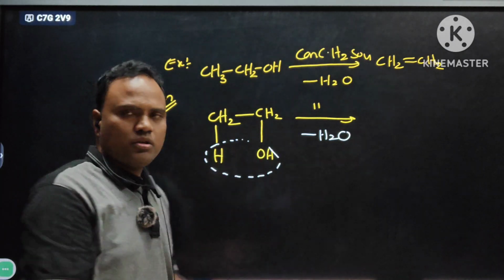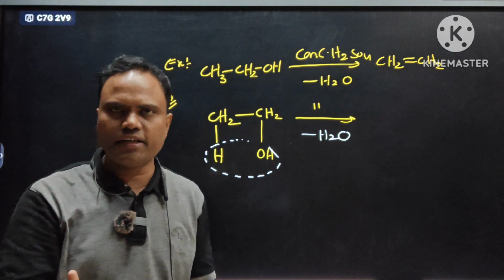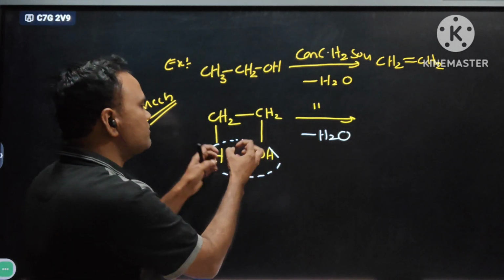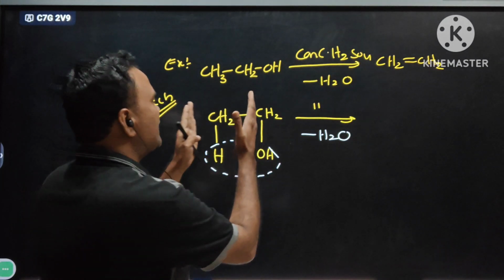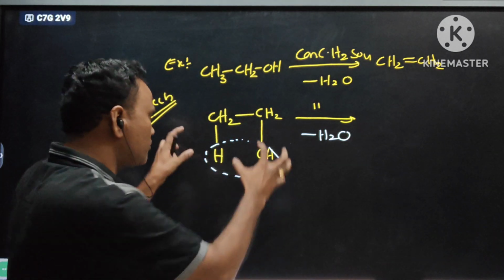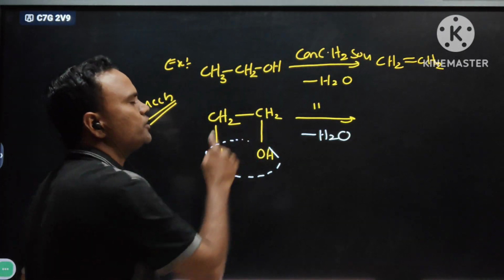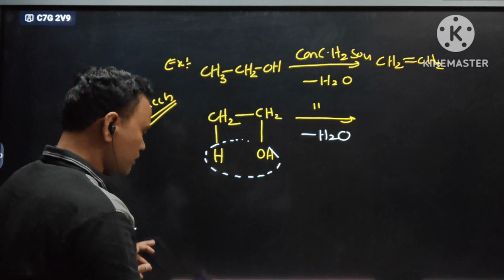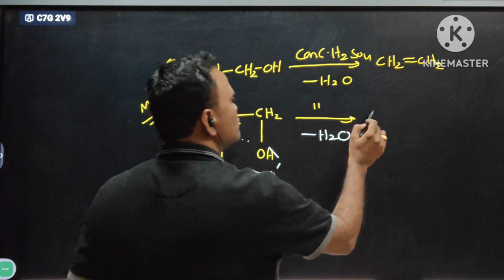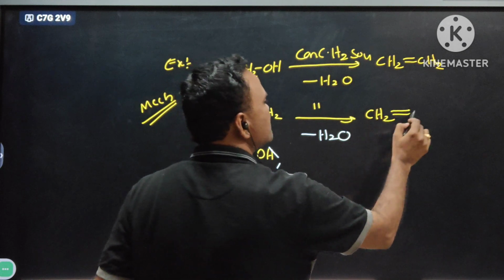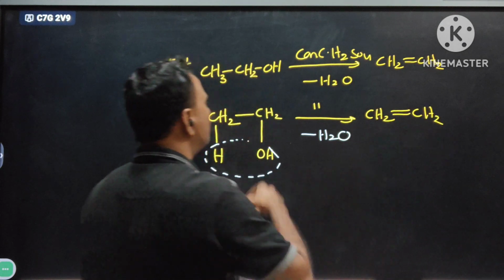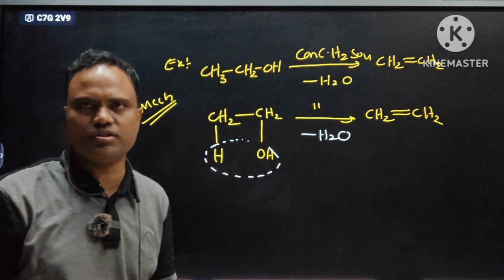Remove water. Remember one important point. When you remove two atoms or groups from adjacent carbons, you are removing these two together as a water molecule. You have to put a double bond to complete the valency.